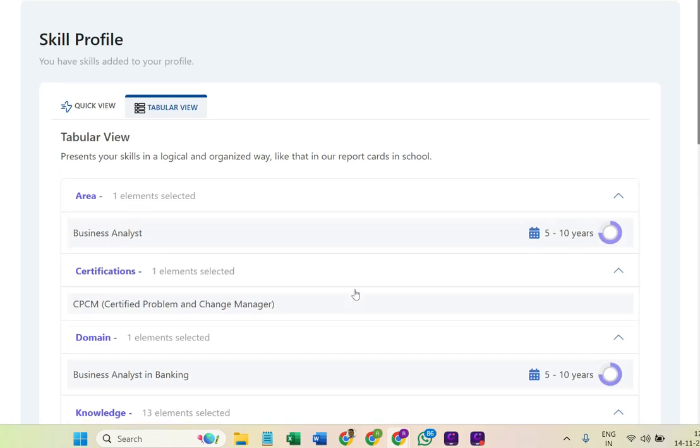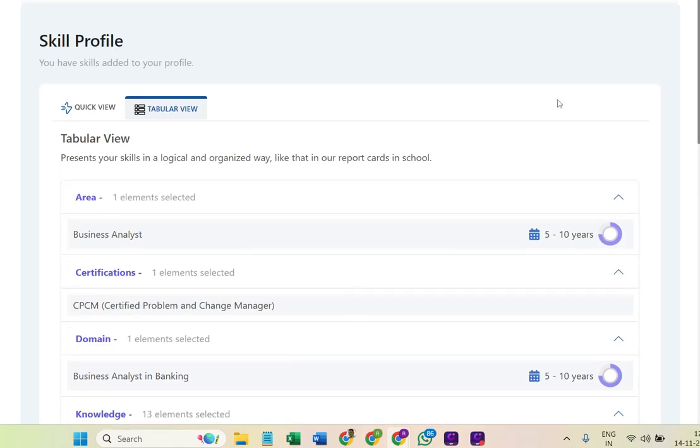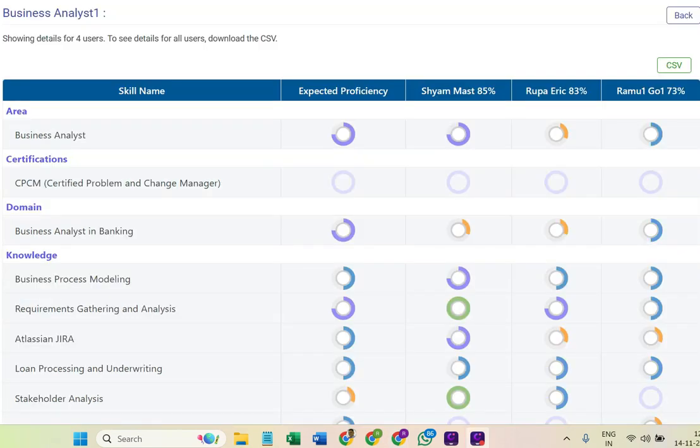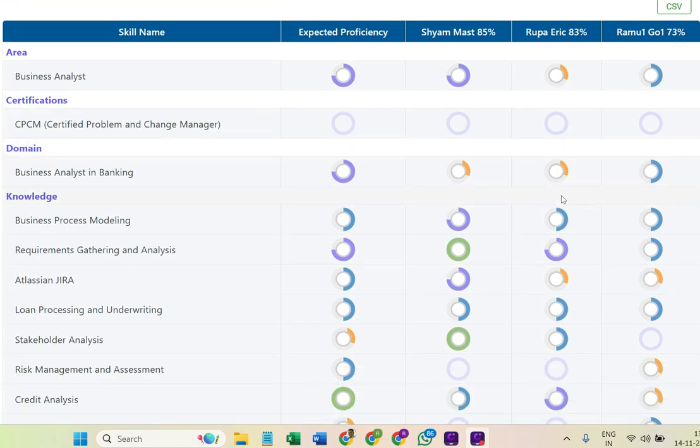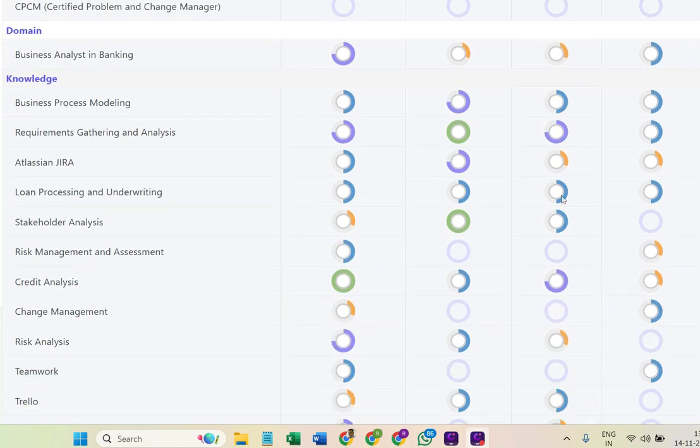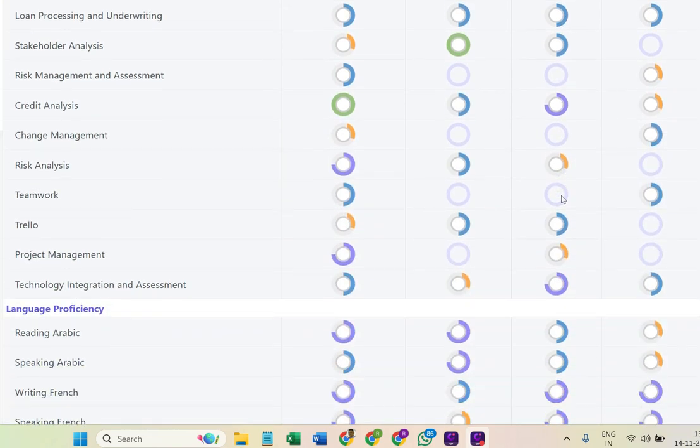This then becomes the basis for our hiring, talent management, and others. We could have different applicants applying for the same business analyst role, and here we would have them fill in the same skills profile and give what skills they have and the ratings they have.